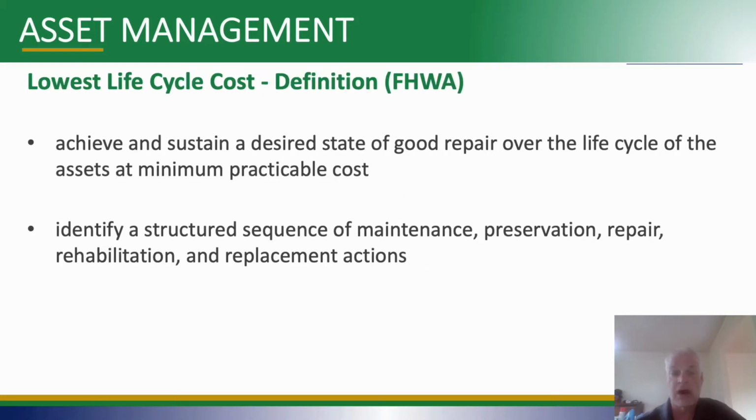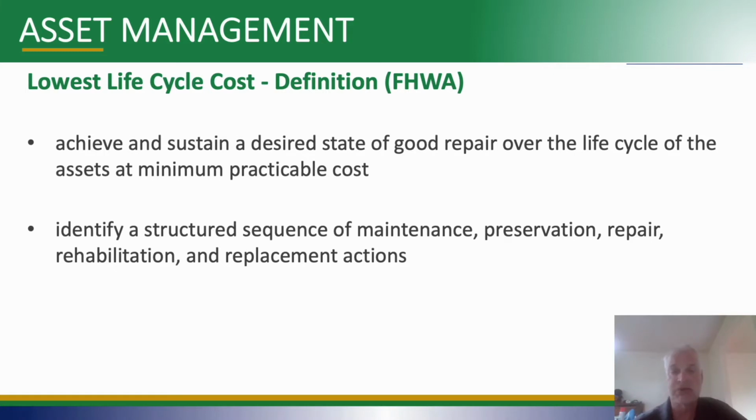Lowest life cycle cost is a key component of asset management. The definition, according to FHWA, is to achieve or sustain a desired state of good repair over the life of the asset at a minimum practical cost. Now, we define ourselves what state of good repair is within some thresholds, and then we also have to work within our budget.